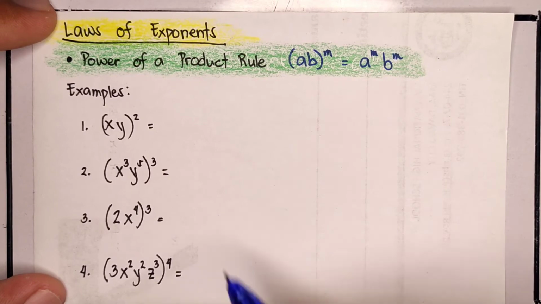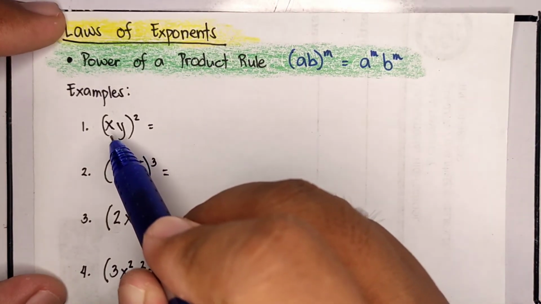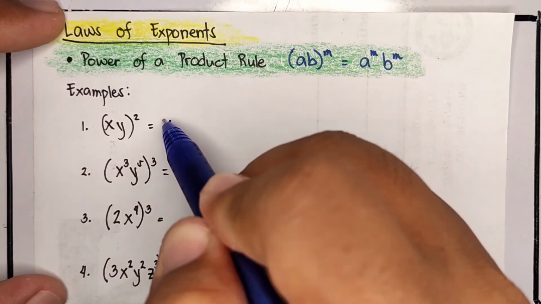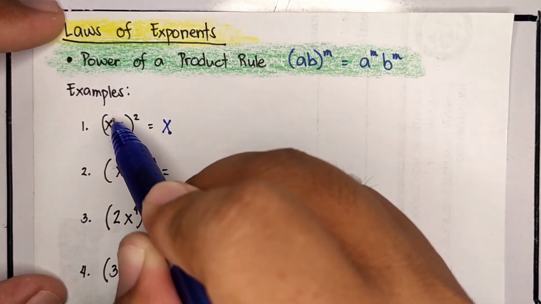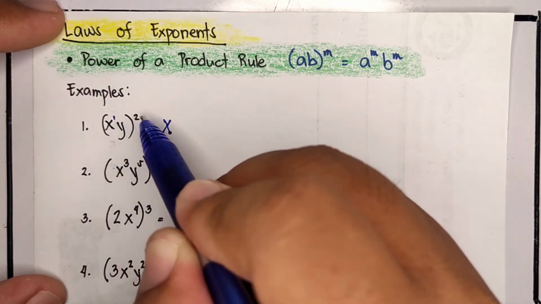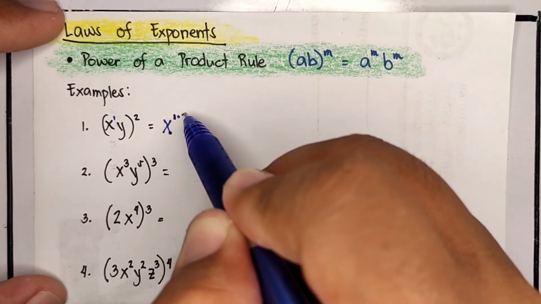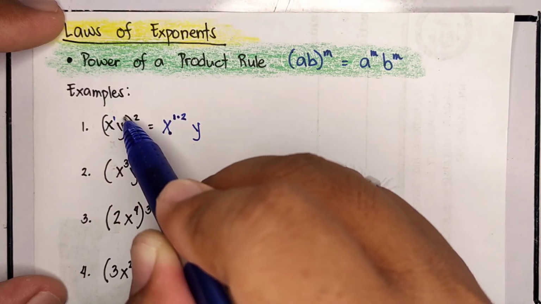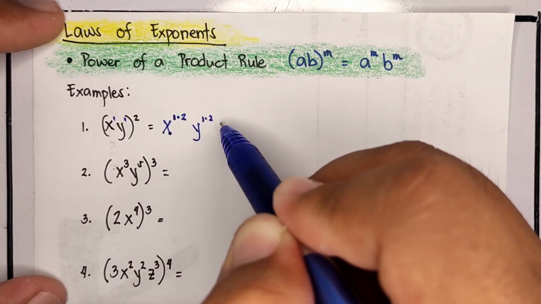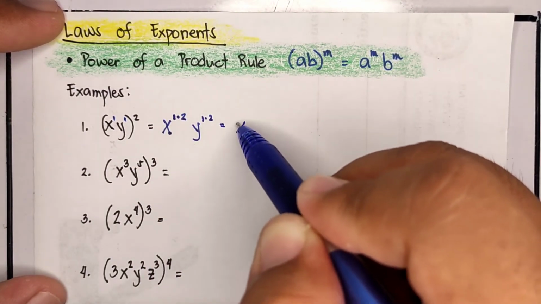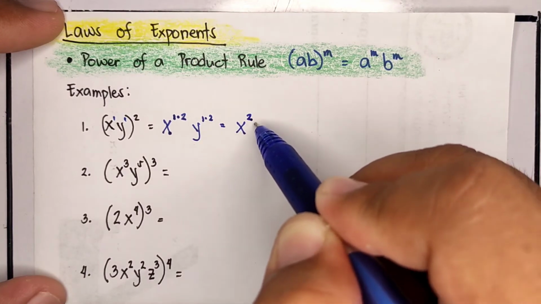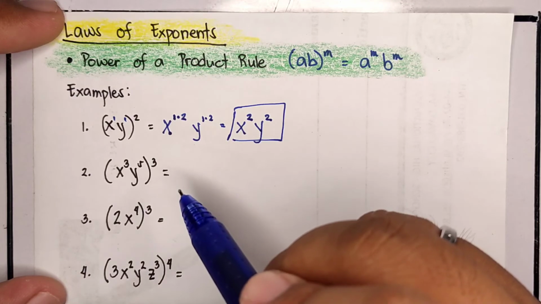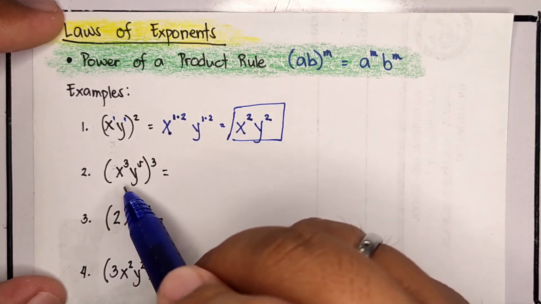Okay, let's have your example. xy raised to the power of 2. Therefore, x, then we have here 1 times 2, and y, then we have here 1 times 2. Then you will have x raised to the power of 2, y raised to the power of 2. And this would be our answer. Okay, another one.